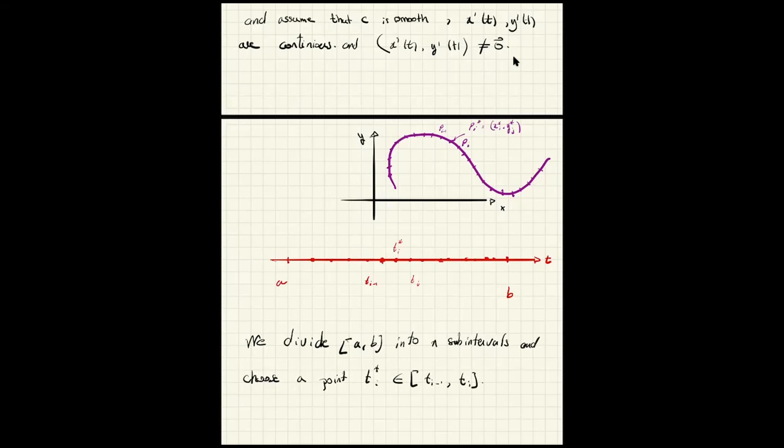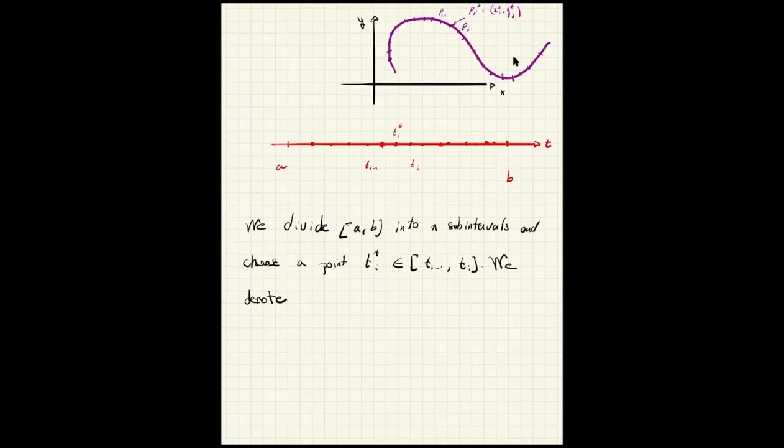Okay, we denote by delta S_i the sub arc corresponding to it. I'm going to use another notation from the book, so be aware that I'm not using the same thing.